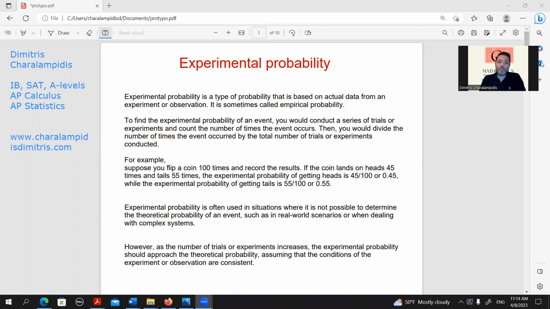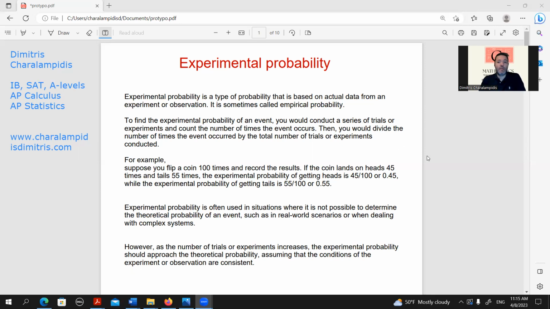To find the experimental probability of an event, you would only need to conduct a series of trials or experiments and count the number of times that event occurred. Then you would need to divide the number of times the event occurred by the total number of trials or experiments conducted.